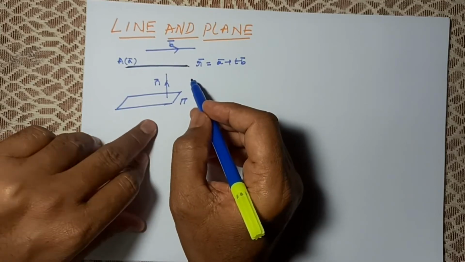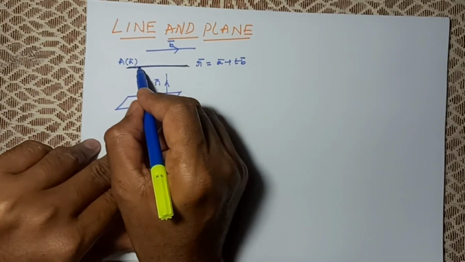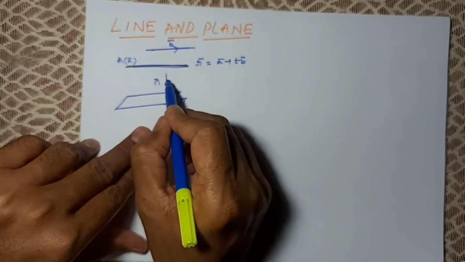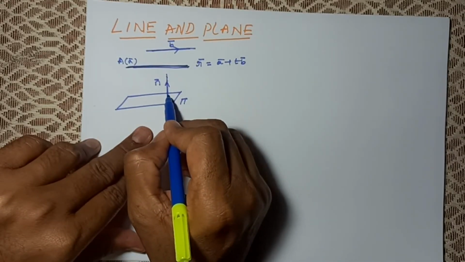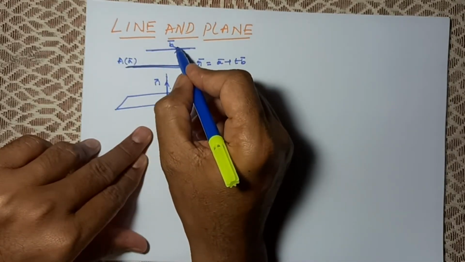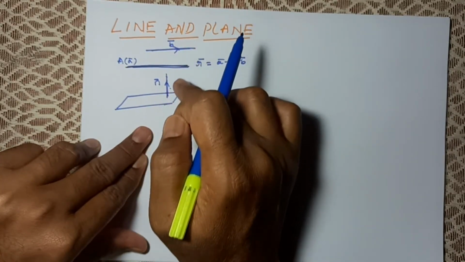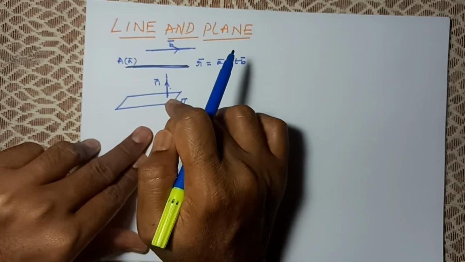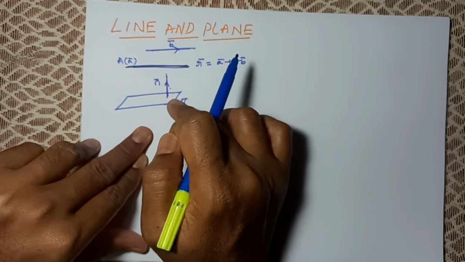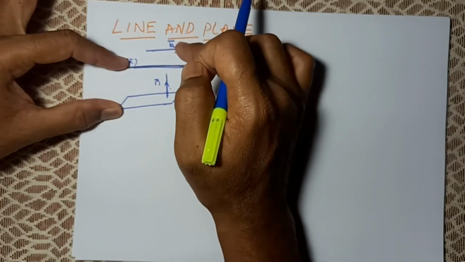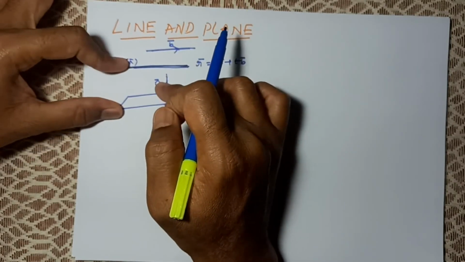If you observe this line and this n, meaning this is the B bar and n normal, both are perpendicular to each other if line and plane are parallel to each other.